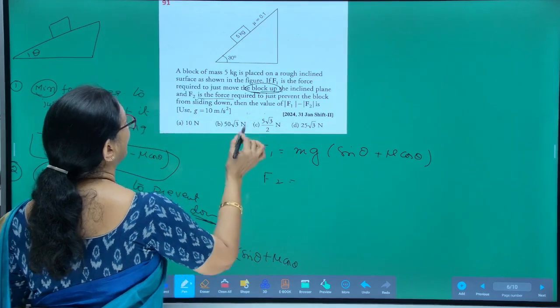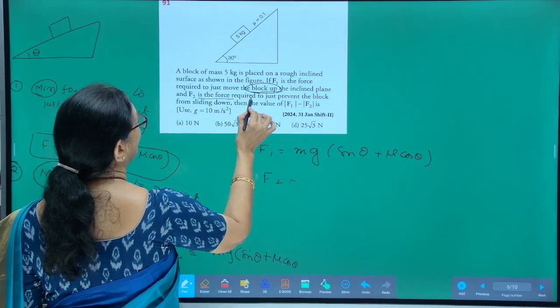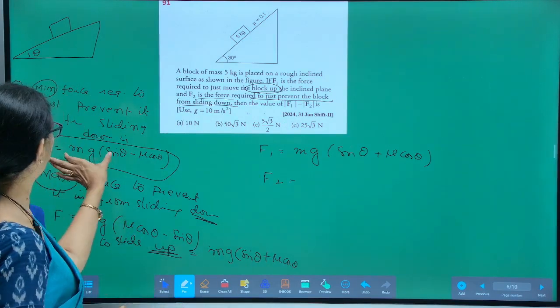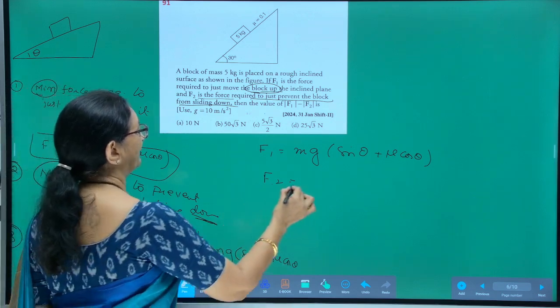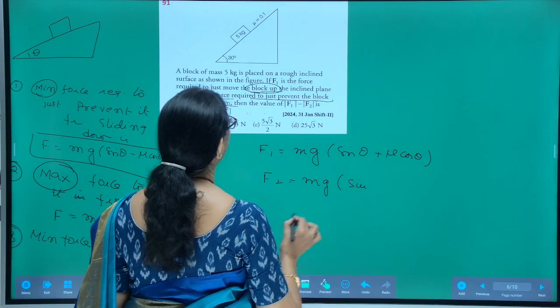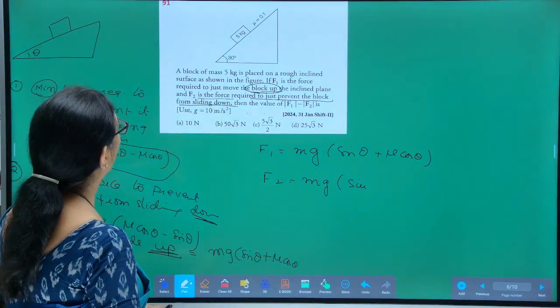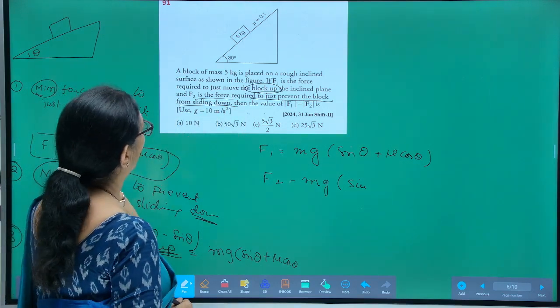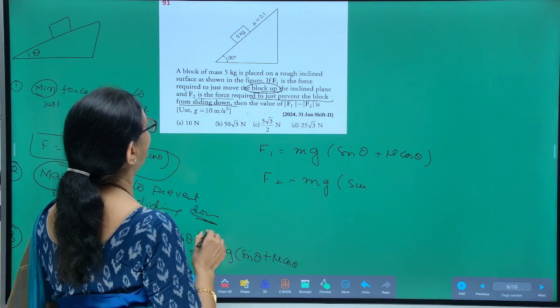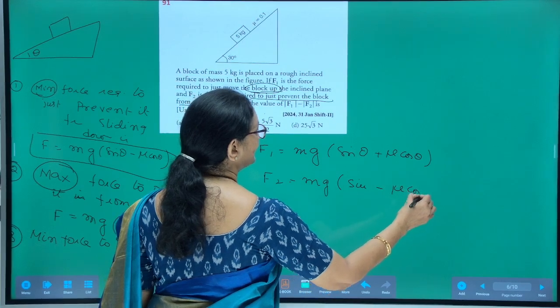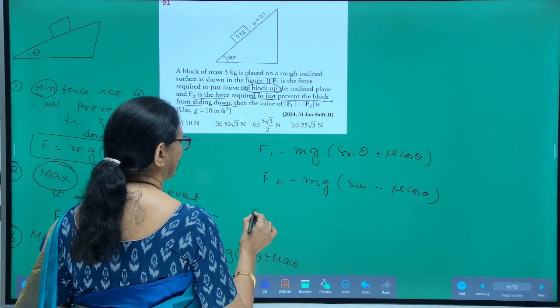And F2 is the force required to just prevent it from sliding down. This is the minimum force required to just prevent it from sliding down. So, F2 is the force required to just prevent the block from sliding down, that is mg of sin theta minus mu cos theta, that is the magnitude.